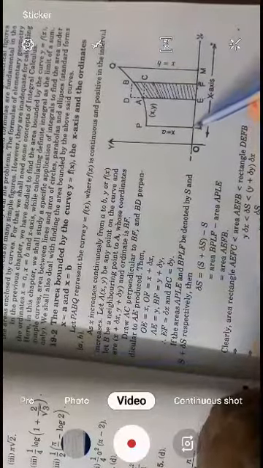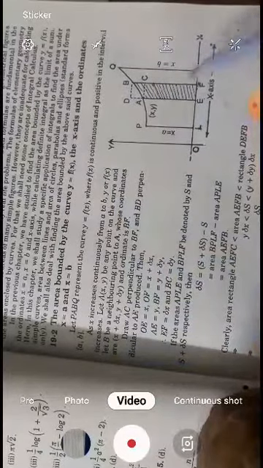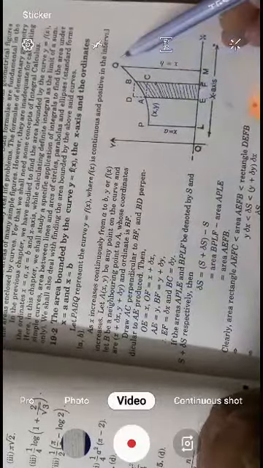This is A and this is P. Now, as x increases continuously from a to b, y or f(x) also increases. So let (x, y) be any point.